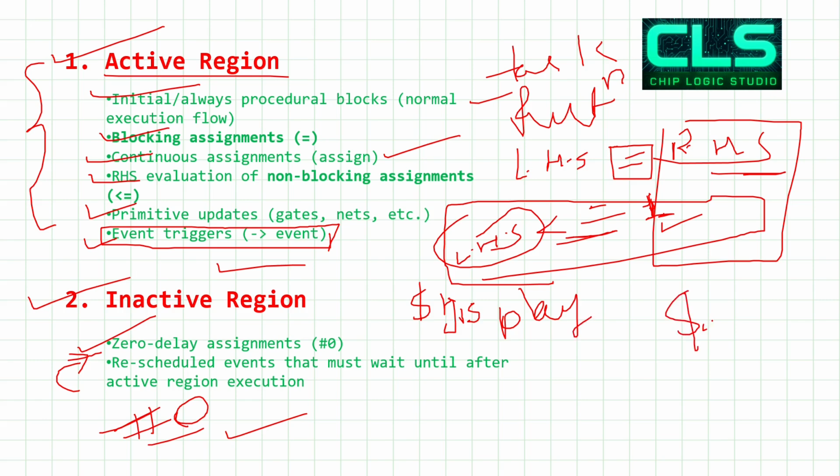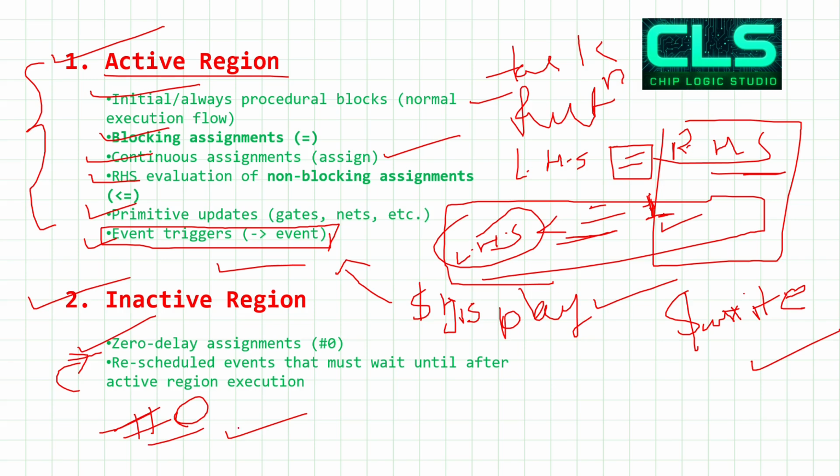and $write are system tasks, and these statements, if you use them, will execute in the active region. So whatever statements are in the active region, only then can you see their values in your $display and $write. Otherwise it will just give the default value.